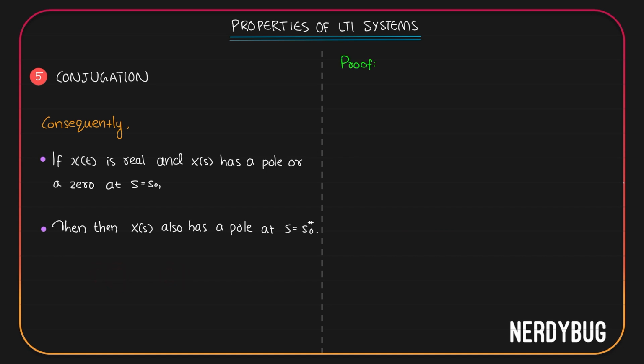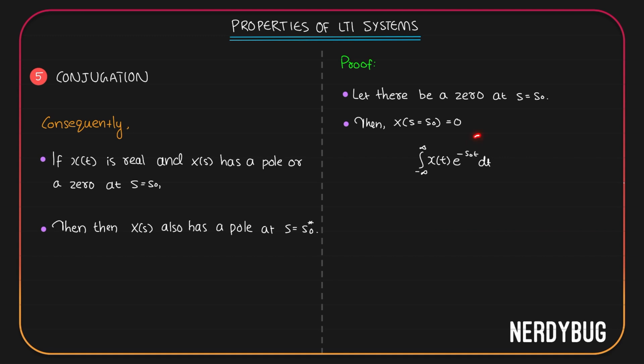Let us try to prove this. For that, consider we have a signal whose Laplace transform has a zero at s equal to s naught. Then the value of x of s at s equal to s naught is going to be 0. But x of s at s equal to s naught is integral from minus infinity to infinity x of t e raised to minus s naught t dt.